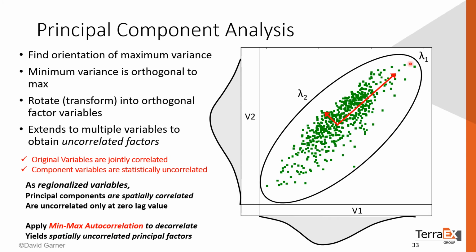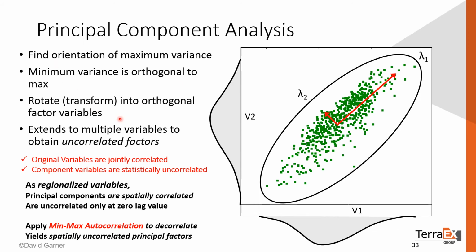And this is just a rotation to the maximum and minimum variance direction. So we would translate and rotate the space and have a new coordinate system. And then these two new component variables, factor variables, are orthogonal, or statistically independent. They have a correlation of 0, and that is in the global sense. But when we take into account location, they're still spatially correlated.